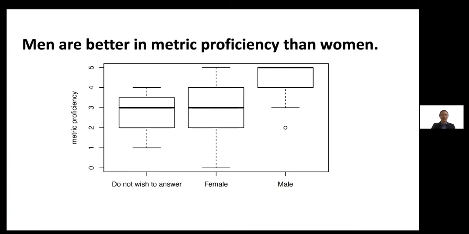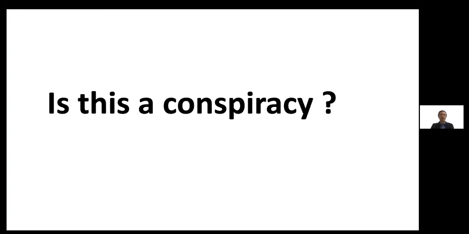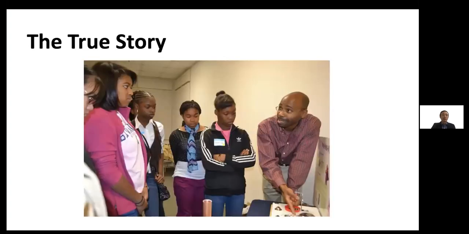This is quite surprising to many of the people who analyze the data, and very often they are puzzled. Sometimes, if people have some agenda, they can spin it into many things. Well, the true story is this survey was conducted in a very special place, Spelman College.